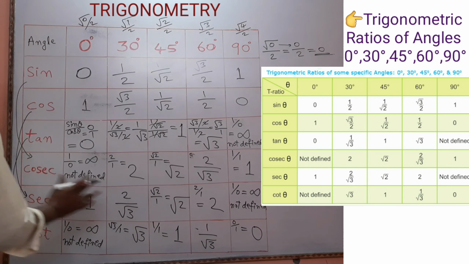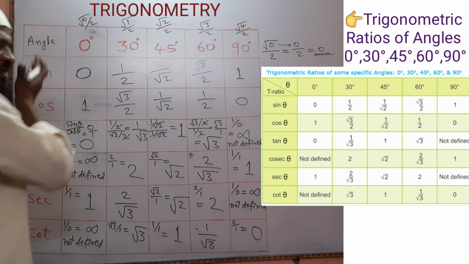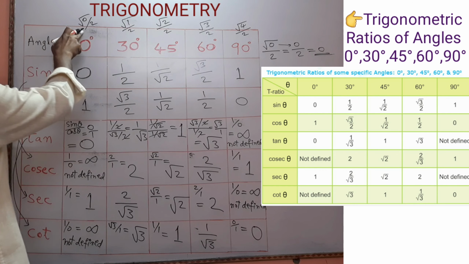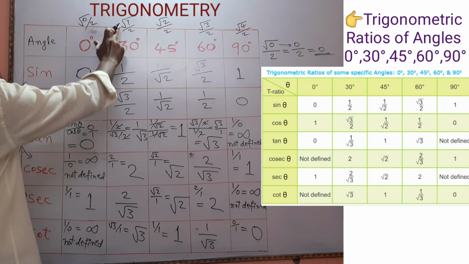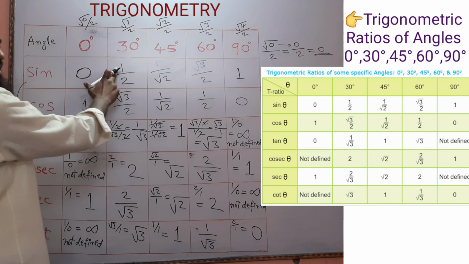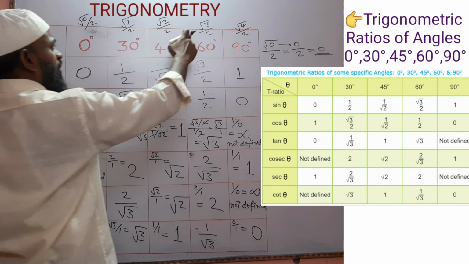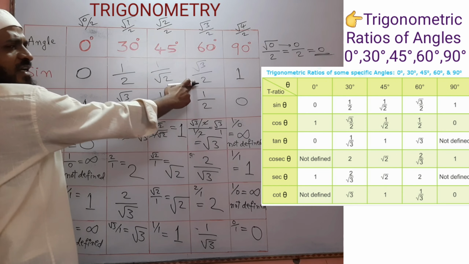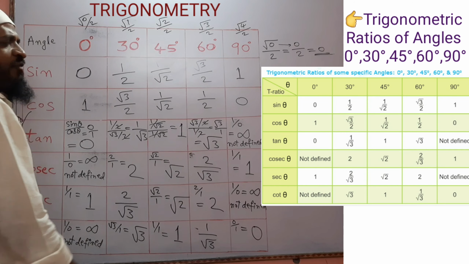So this is the process of finding the values of the trigonometric ratios. Very simple. We have to follow a simple trick. Square root 0 by 2 for getting the sin 0 value. Square root 1 by 2 for sin 30. Square root 2 by 2 for sin 45. Square root 3 by 2 for sin 60. Square root 4 by 2 for sin 90.